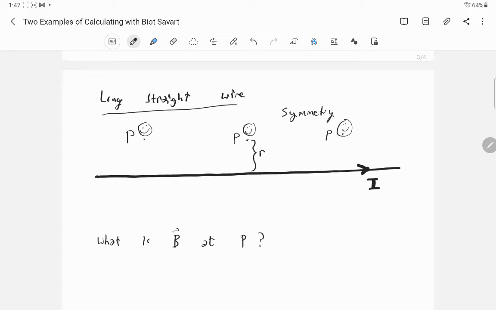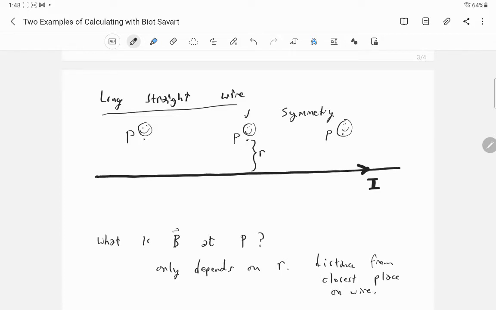So when I ask what is the magnetic field at P, it seems like it only depends on the distance away from the wire, which I'll call R, right? So I'll say distance from closest place on the wire to them, right?